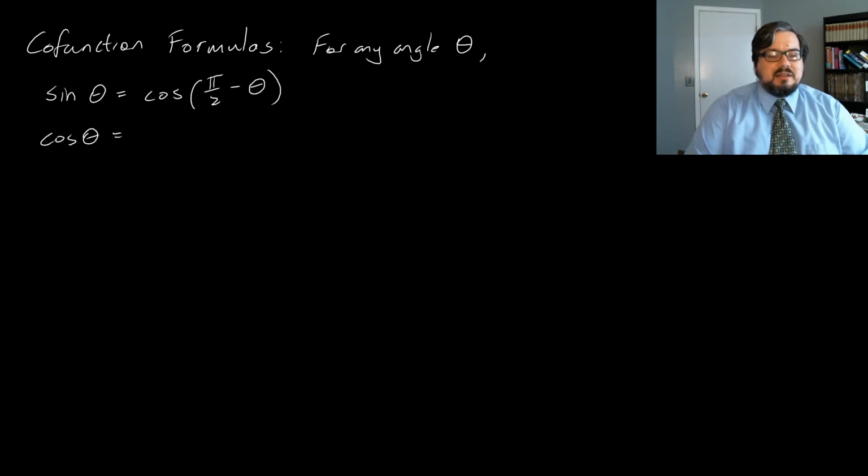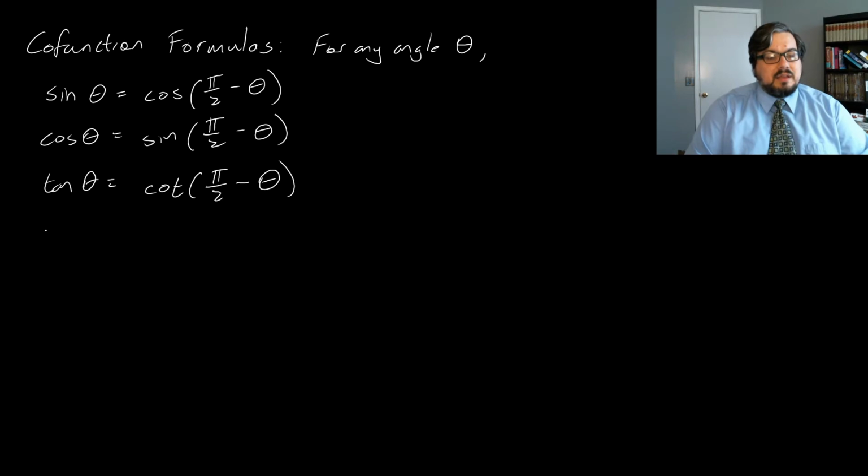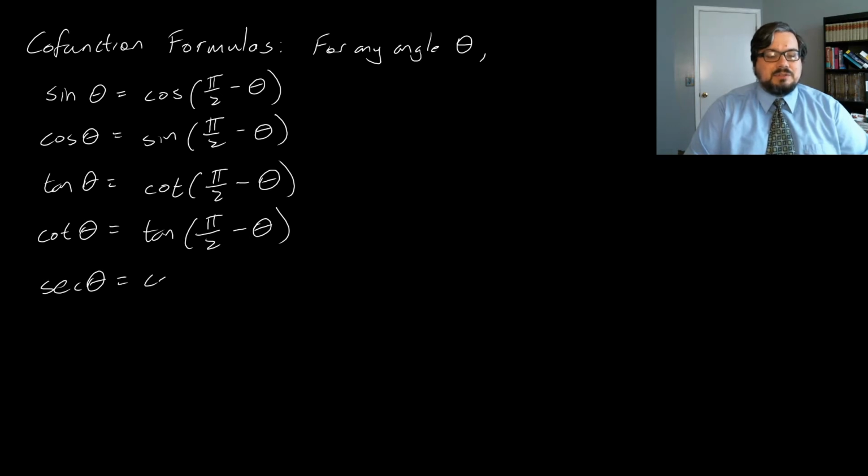Cosine of theta is equal to sine of pi over 2 minus theta. Tangent of theta is cotangent of pi over 2 minus theta. Cotangent of theta is equal to tangent of pi over 2 minus theta. Secant theta is equal to cosecant of pi over 2 minus theta, and cosecant of theta is equal to secant of pi over 2 minus theta.